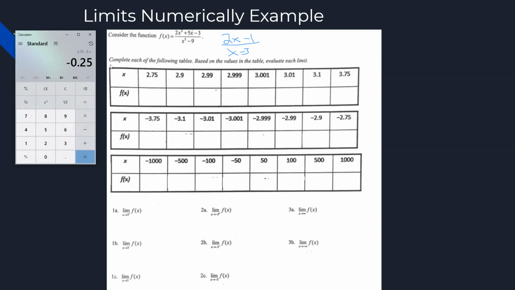So it's negative 0.25. So 4.5 divided by negative 0.25.